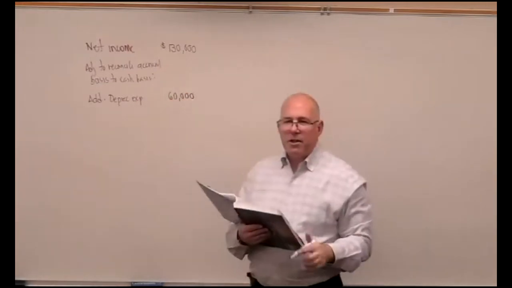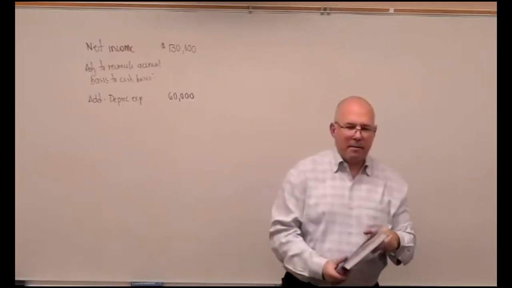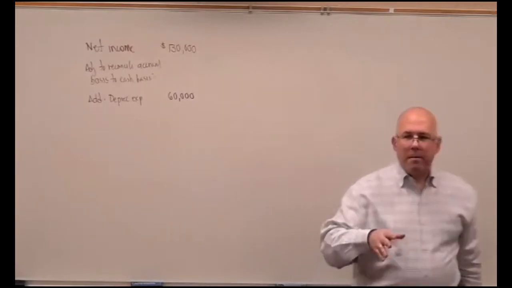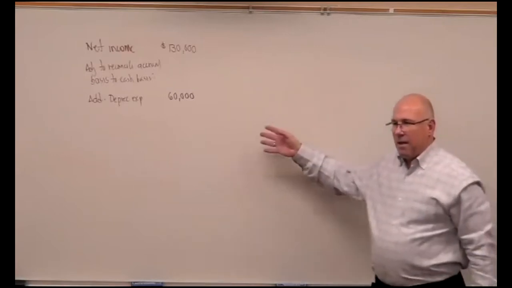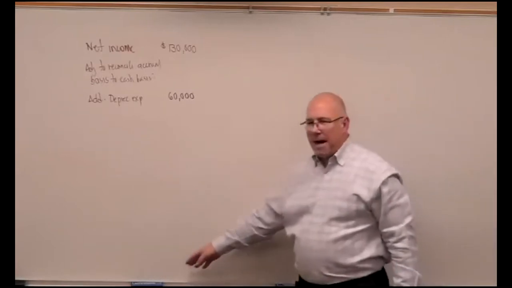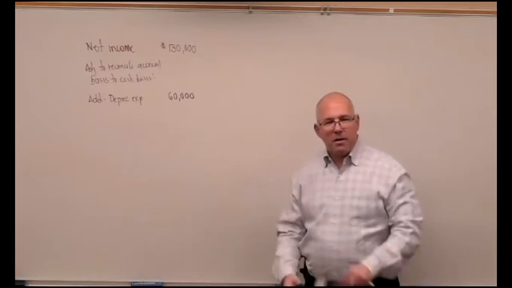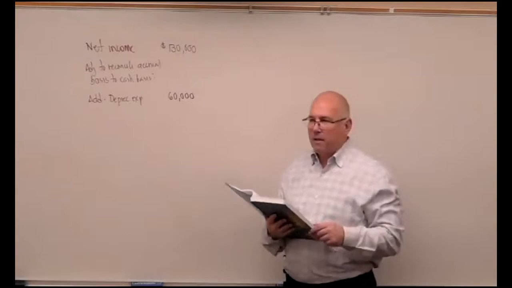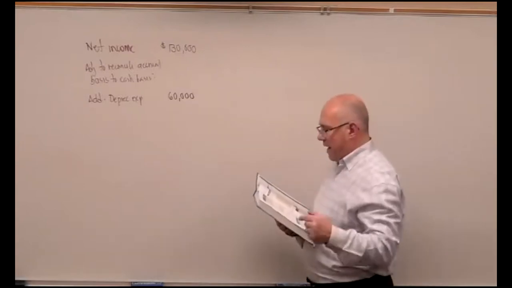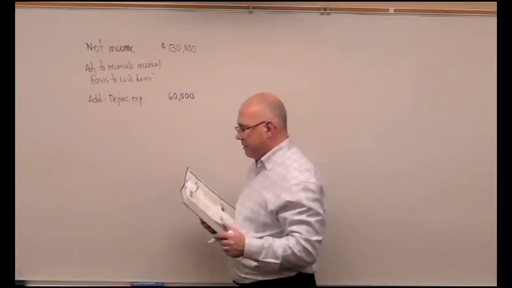Then we're going to have the change in current assets and current liabilities. Now, always remember, we don't include cash in this. Cash is going to be at the bottom. So always skip cash. If you include the change in cash in here, you're going to get a wrong answer. So start after cash, we have accounts receivable.